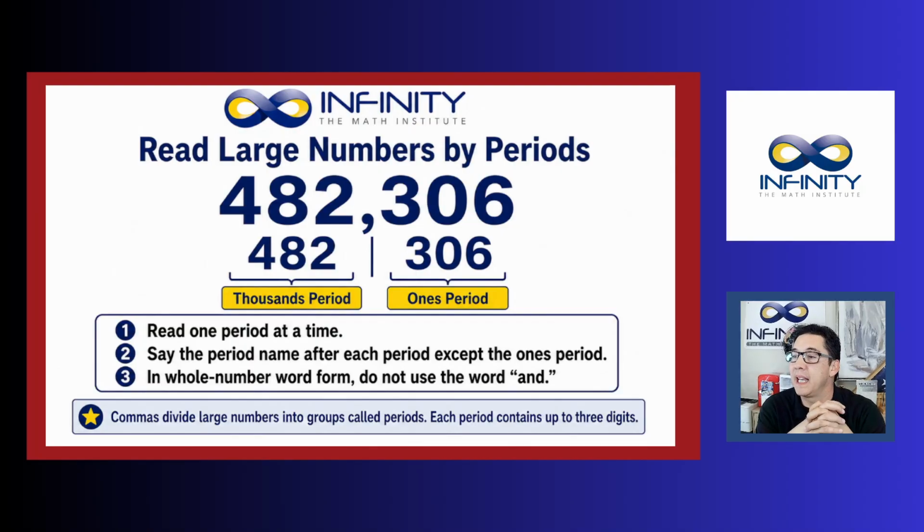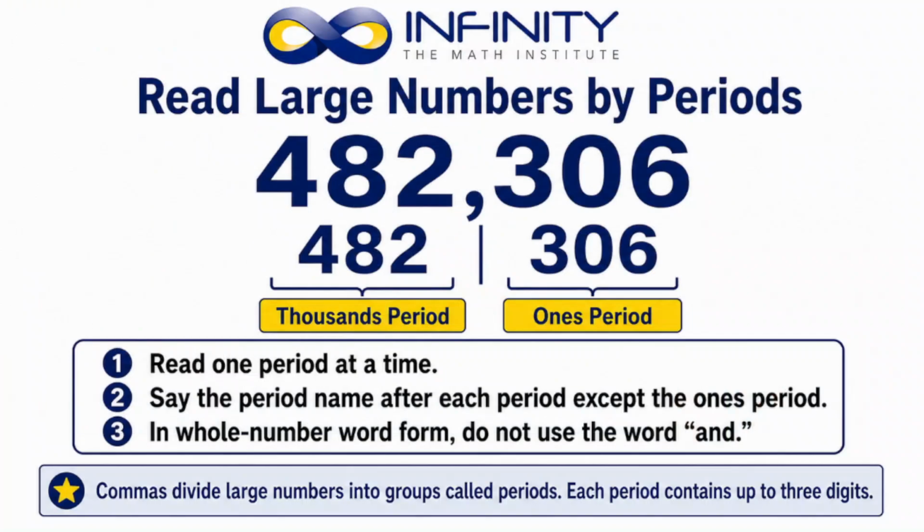All right, here we have 482,306. You're going to read one period at a time, and each period is separated by a comma. So you understand that this is 482.